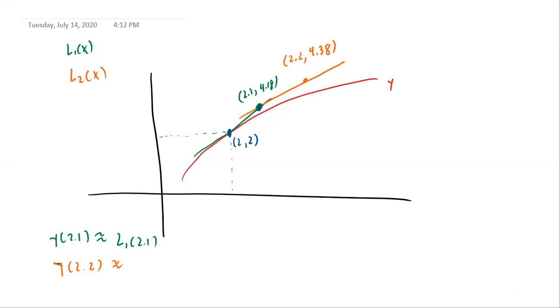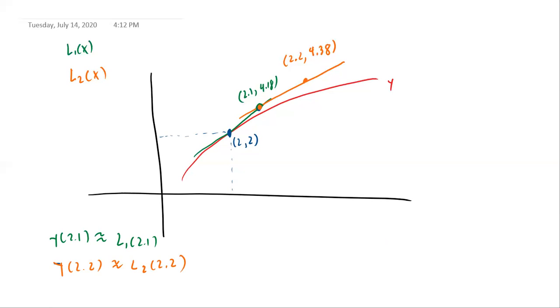Again, this point, as you can see, does not lie on y, on the solution, but hopefully it's close enough. So we found this second linearization, L2 of x, that passes through this point and has the slope that we found using the differential equation, and we use that to approximate y of 2.2.